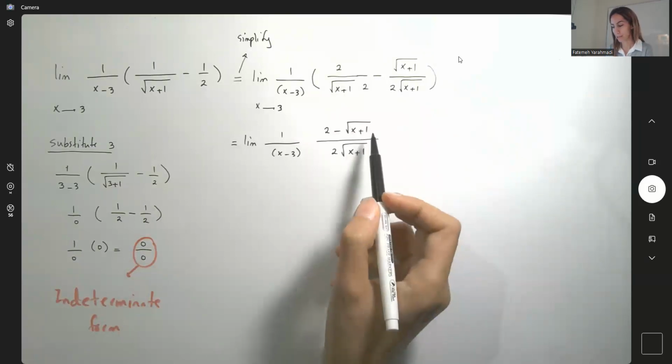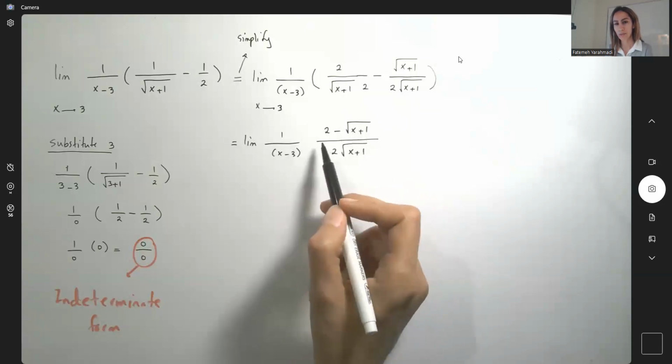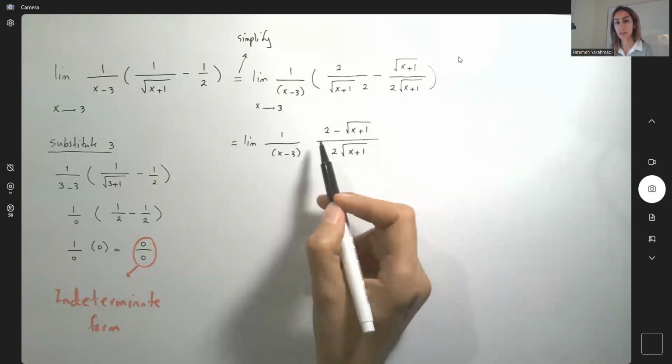Here you have the quantity created here, and you need to multiply both the numerator and the denominator by the conjugate of the numerator.